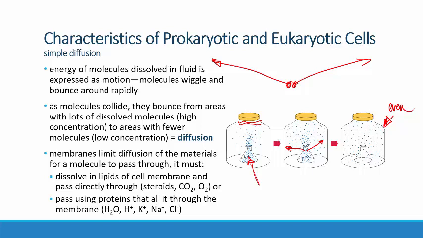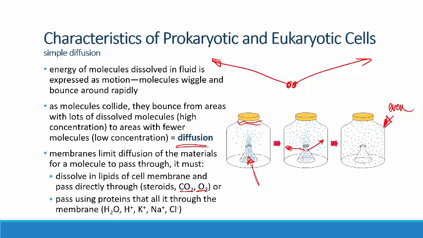That process is called diffusion. So materials diffuse from where they are in high concentration to where they are in low concentration. Membranes, though, can limit the diffusion of materials because in order for something to diffuse across the membrane, it must either dissolve in lipids and pass directly through the membrane, which is how really small molecules like carbon dioxide and oxygen diffuse very easily through cell membranes.